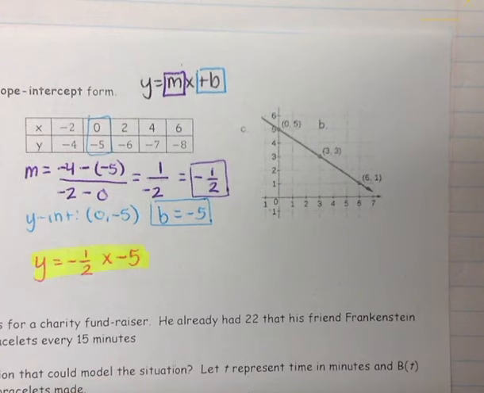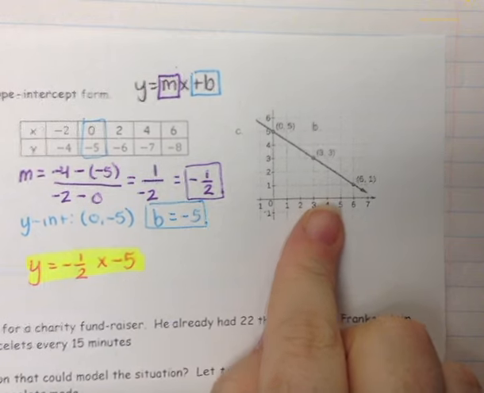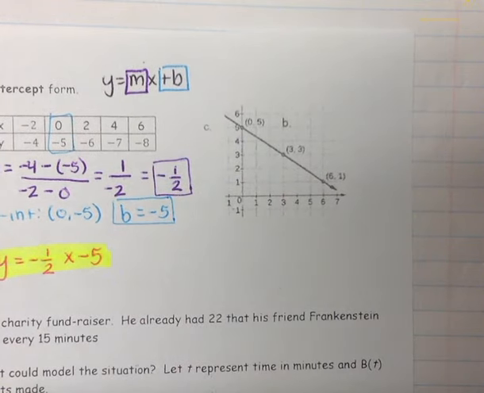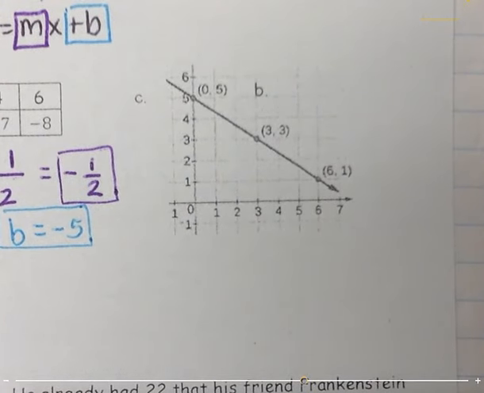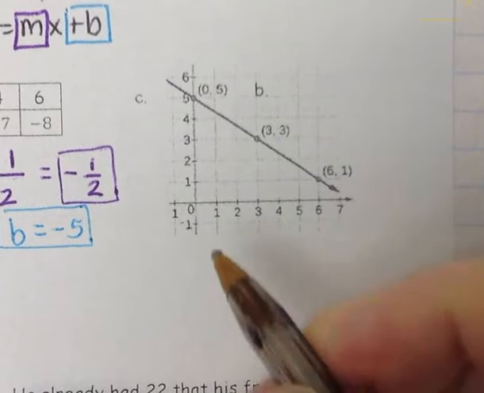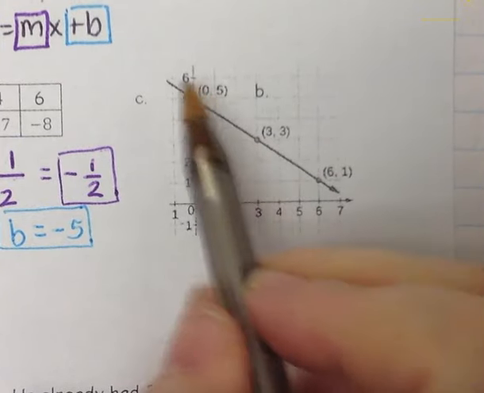On this last example, we're given the graph. Therefore, it's a little bit easier to find your slope because you can just do rise over run from 2 coordinates. And if your graph is crossing the y-axis, you automatically have your y-intercept. So let's look for our slope. Remember, slope is rise over run, so I can go from any 2 coordinates.